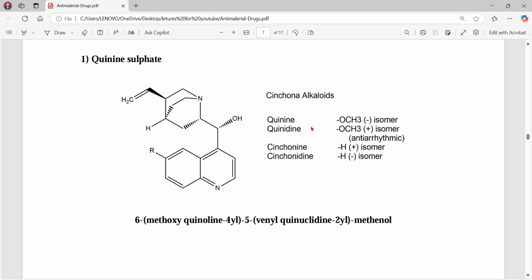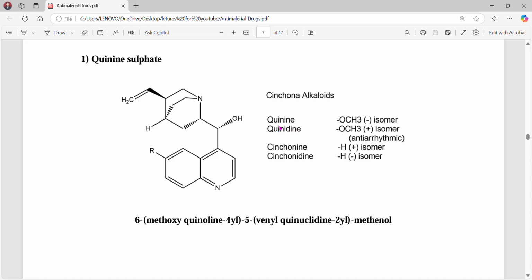It is schizonticidal and gametocidal for Plasmodium vivax and Plasmodium malariae. It is orally active in the form of sulphate, while quinine hydrochloride may be used for IV administration.